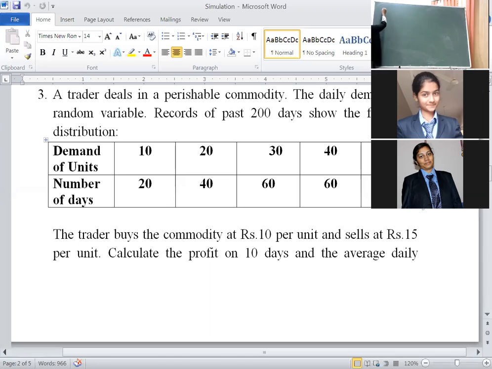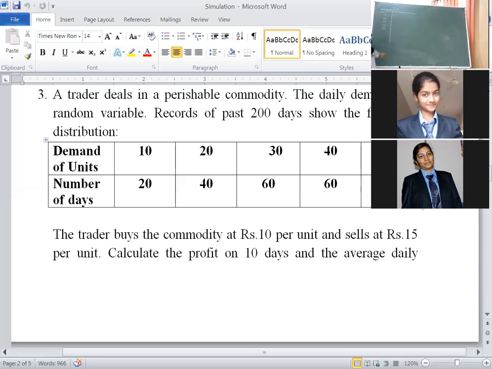Take down demand, then number of days. Simply I am writing ND, number of days. Here the values are 10, 20, 30, 40, 50.